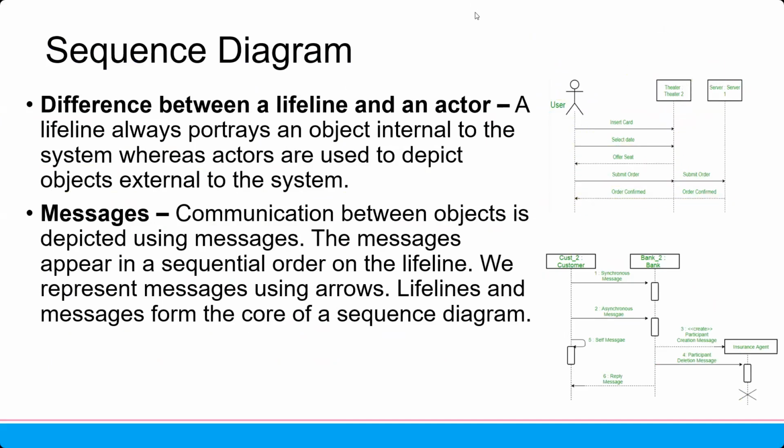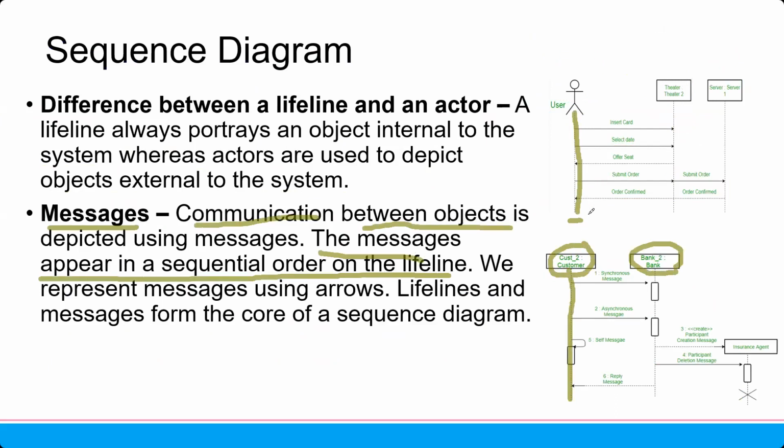There will be messages. It means it is a communication between the objects. So if we have one object, we have another object, so we can do a kind of communication. So the messages appear in the sequential order on the lifeline. So this one, we have the lifeline.